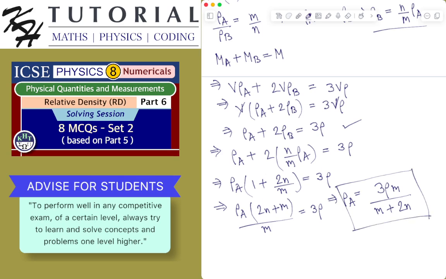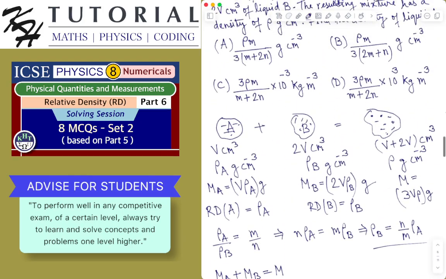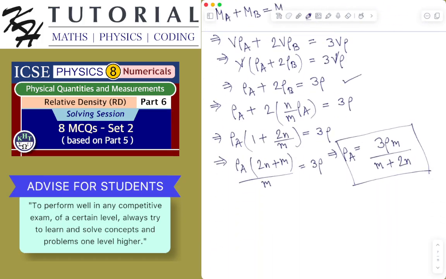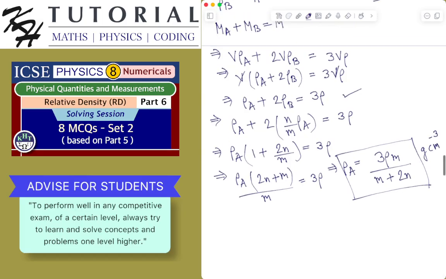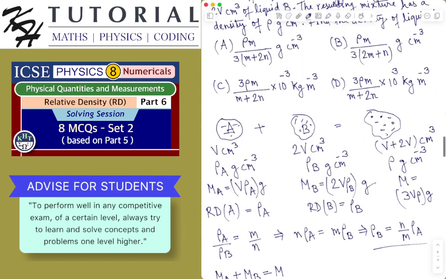Obviously, this will be in gram per centimeter cube. Let's see the choices. Bear in mind that this is in gram per centimeter cube. 3 rho m divided by m plus twice n.